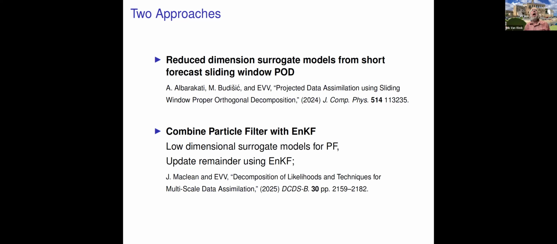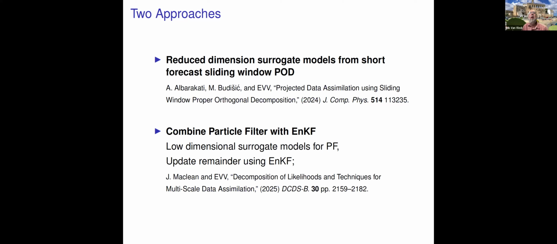This is not the standard approach when doing these reduced order models. Usually we're trying to find global coordinates, and these are very local coordinates. And so this is a way to get around the nonlinearity by doing something that's a little more time dependent.